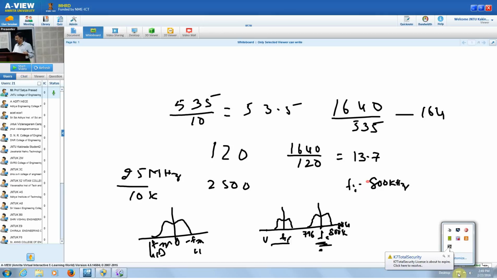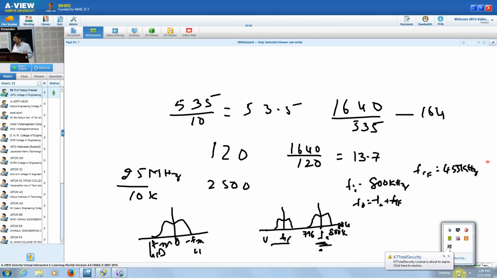This is your FI, the input signal that you want to choose. And on your receiver, you have to generate a local oscillator frequency F0. So this will be FI plus FIF.